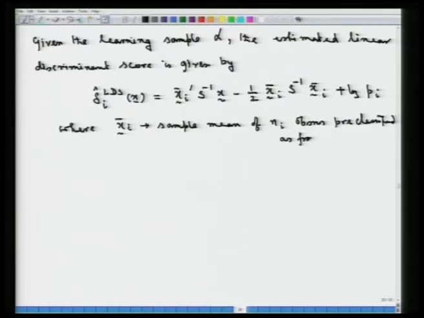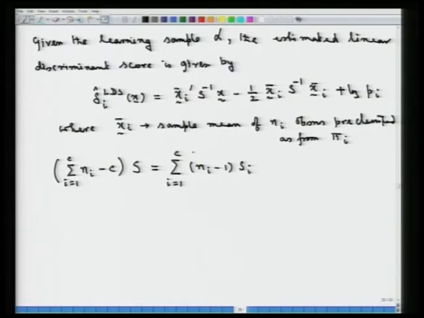And this S matrix is given by the following: summation of Ni minus C, I equal to 1 up to C, times this S matrix, is given by the pooled sum of Ni minus 1 times Si, I equal to 1 up to C. So, this is basically the pooled sample variance covariance matrix.